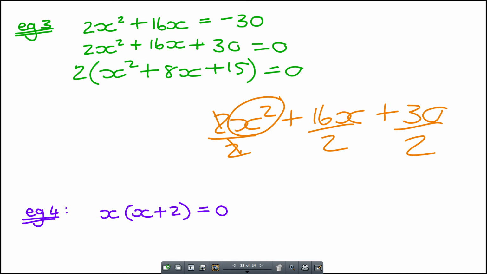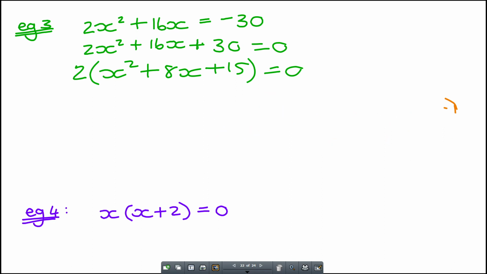Over here, 16 over 2 will give me 8x. No. And then 30 over 2 will give me 15. Does it now make sense where the 2 comes from? Xavier?